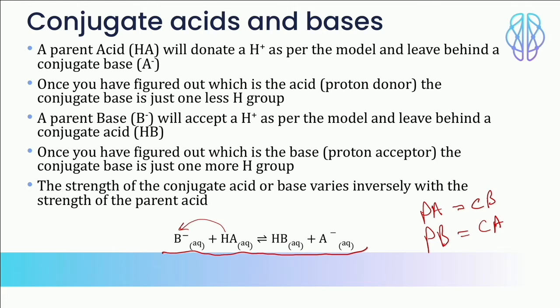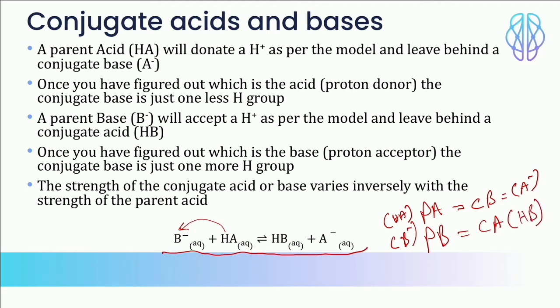So our parent acid is the HA, and the conjugate base is whatever's left over. So that's the A-. Our parent base is the B- because it initially accepts the H, and our conjugate acid is the HB.